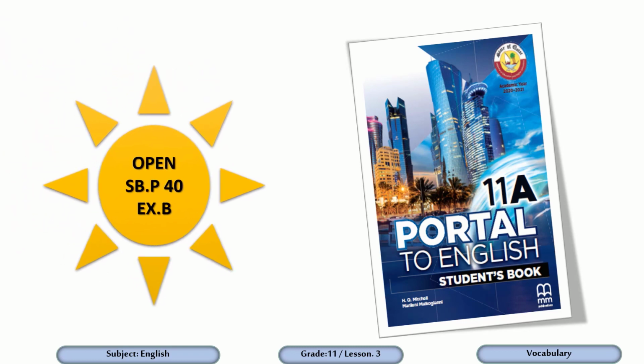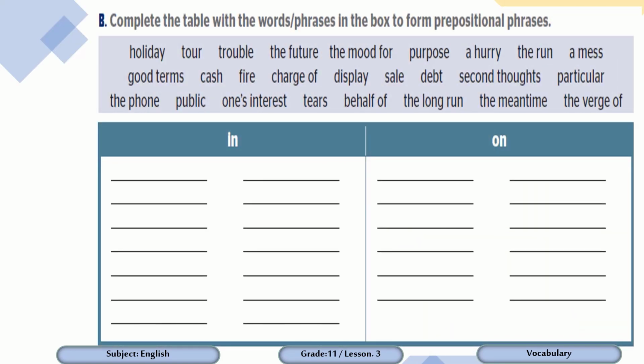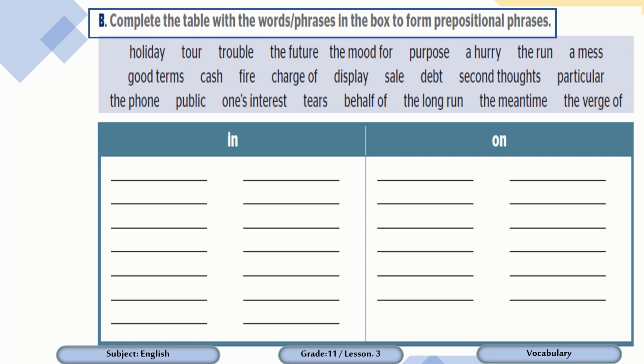Please open Student's Book, page 40, exercise B. Dear students, now let's do exercise B. Here we have some words and phrases in the table, and what you need to do is to put each of these words and phrases under the correct category of preposition in or preposition on. So, stop for a while, think of the answers.